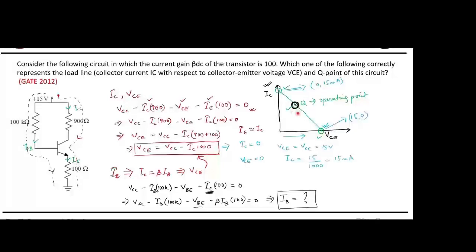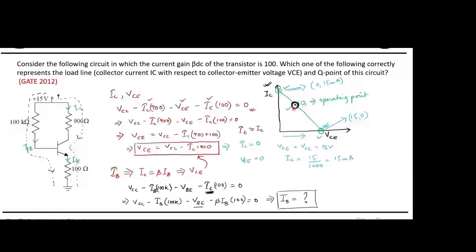Fine. Can you repeat again? From here, you are getting IB, right? Yes, sir. And using this formula, can you find IC? Yes, sir. Then by using this IC and this formula, can you find VCE? Yes, sir. Now that IC and VCE is the Q point.